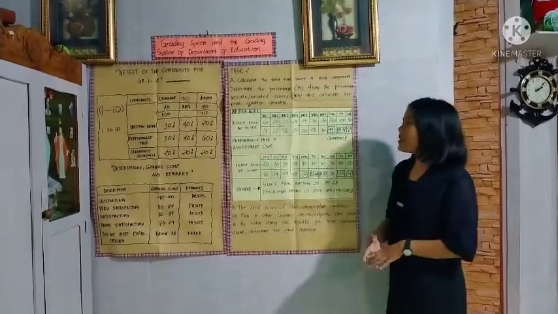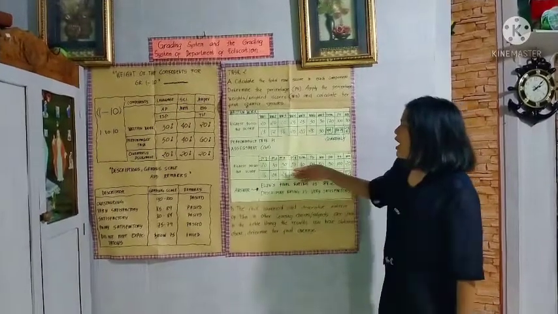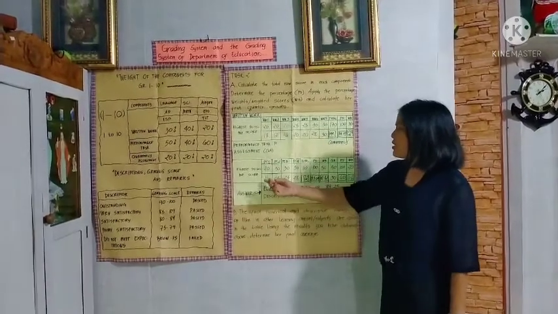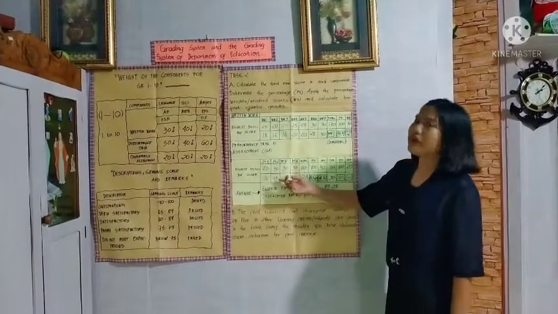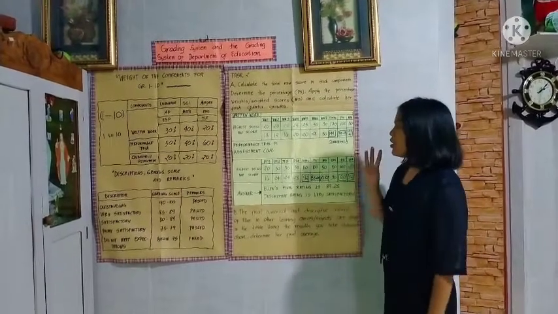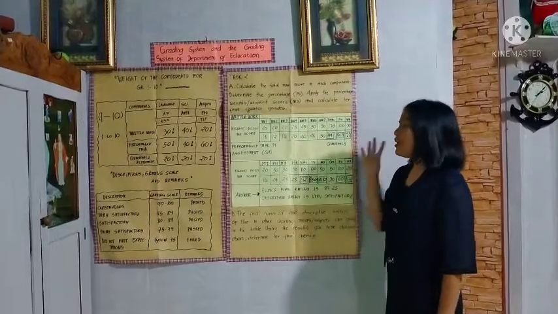So let's proceed to the performance task. This is the highest possible score, and this is the raw score of Ellen Ramsey in performance task. There are four performance tasks of Ellen Ramsey.